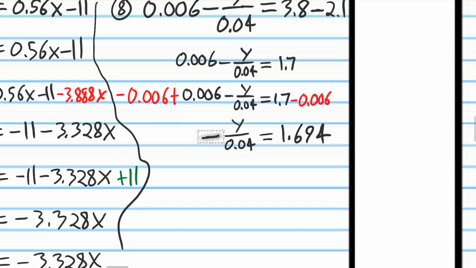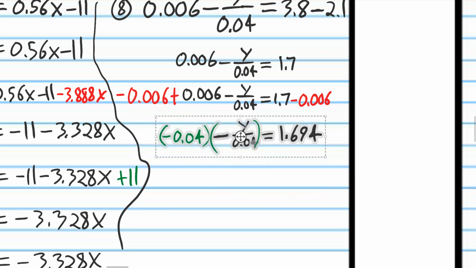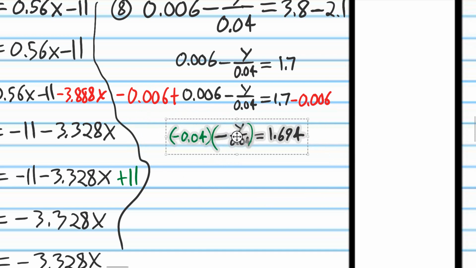So when you multiply both sides of the equation, you're going to multiply both sides by negative 0.04. And we need parentheses around both those. And sorry it's getting so cramped in here. All right.